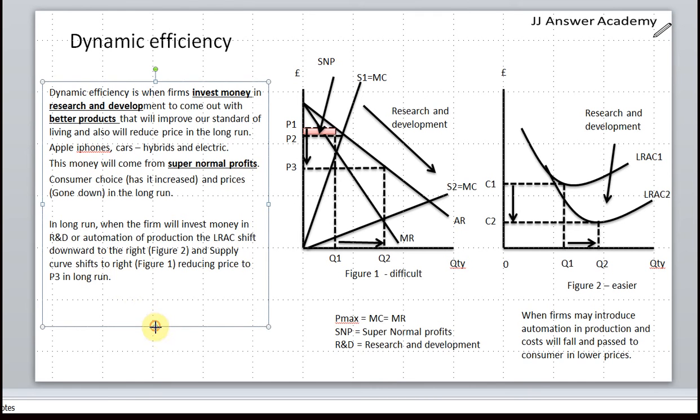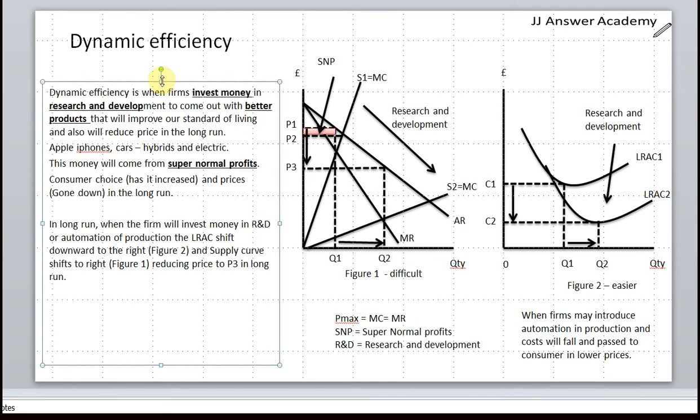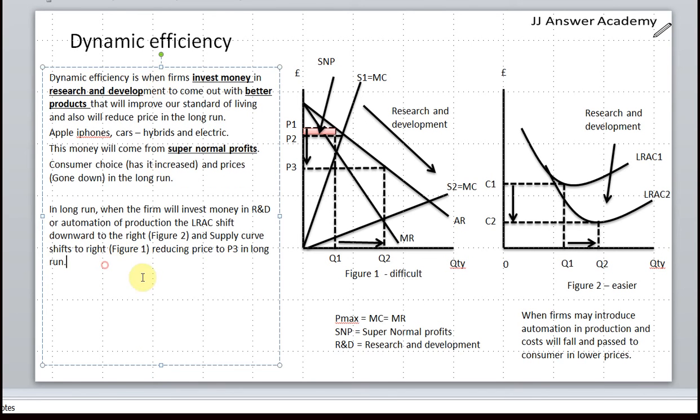But this may not be the case. If a firm is making supernormal profit, normally firms are accused of not investing enough.